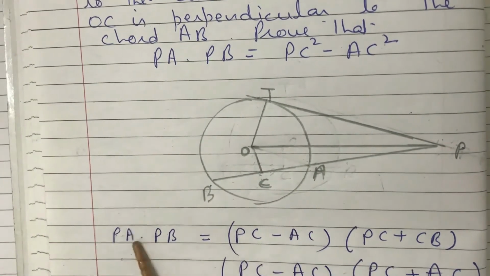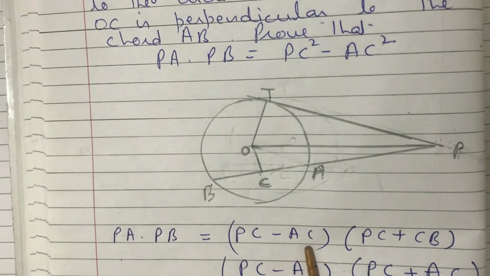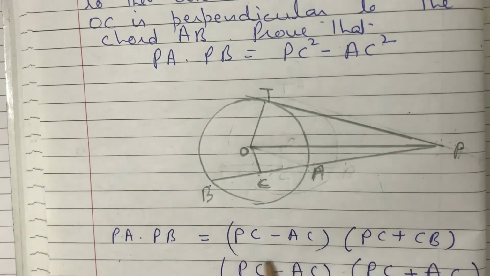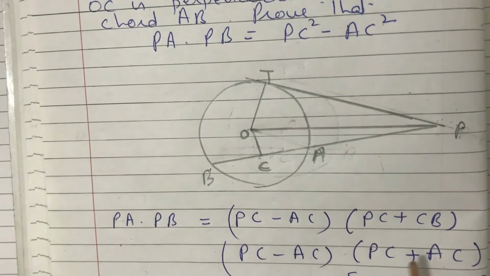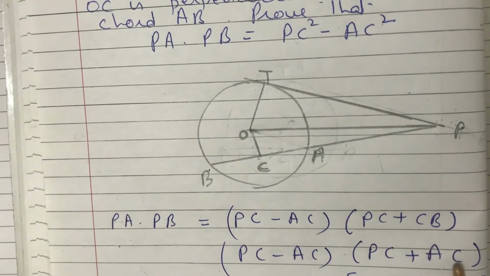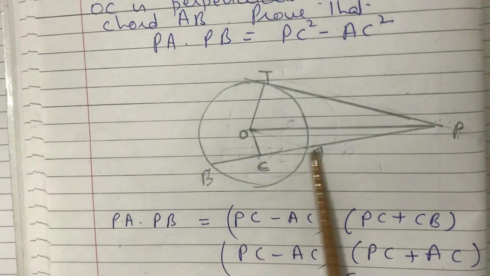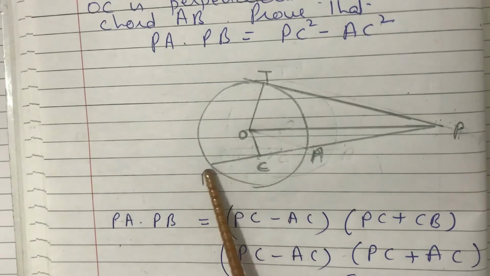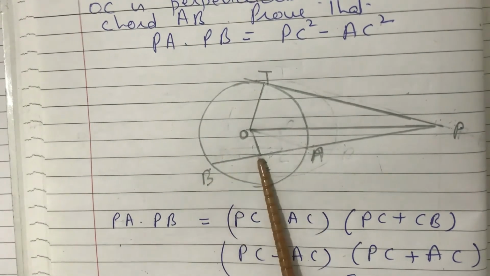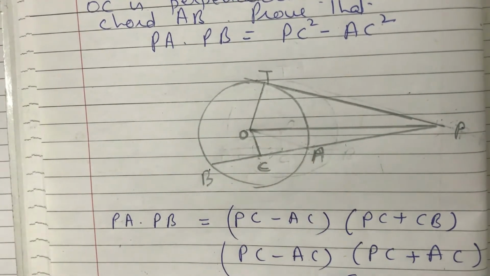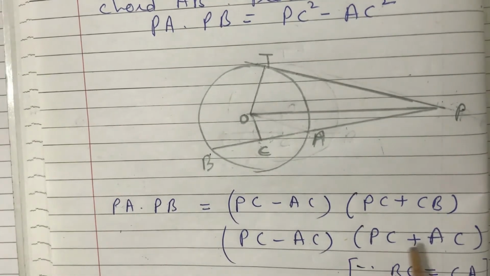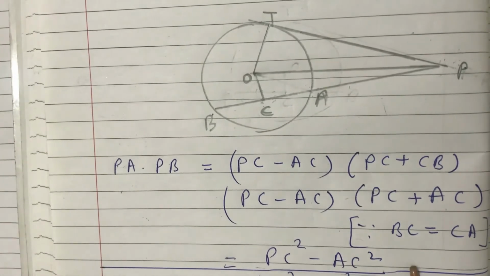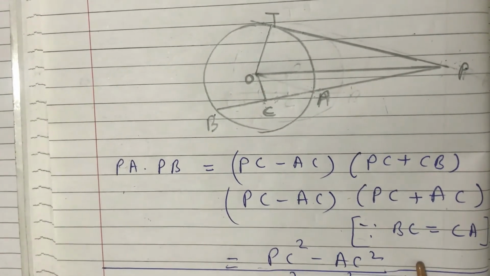Now this CB is equal to AC because the perpendicular from the center to the chord bisects the chord. So BC is equal to AC. So instead of BC I have written AC. Now PC minus AC, PC plus AC. This is equal to PC square minus AC square. This is what we wanted to prove.